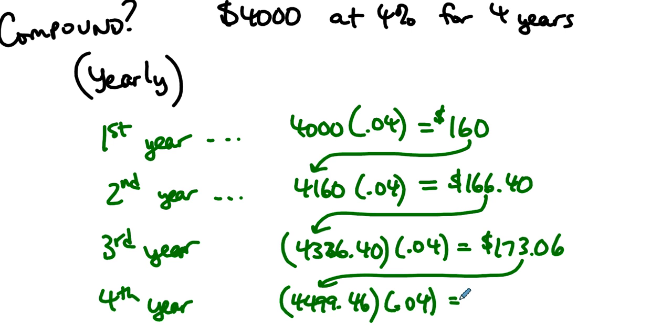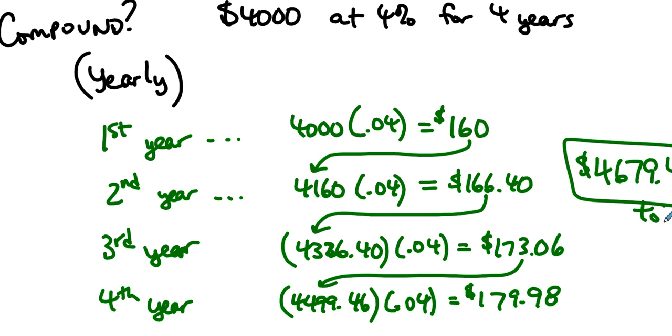And that's $179.98. So that at the end of the 4 years, you have $4,679.44 total. Your interest has been compounded.